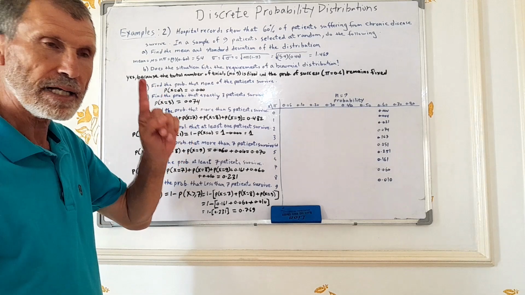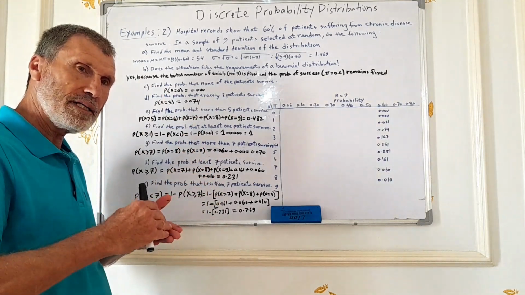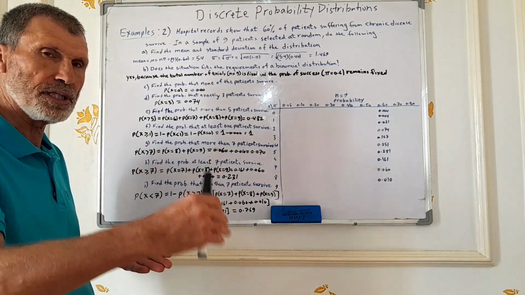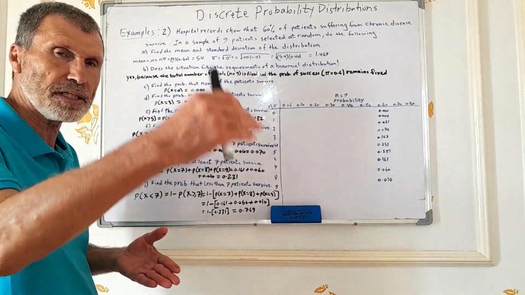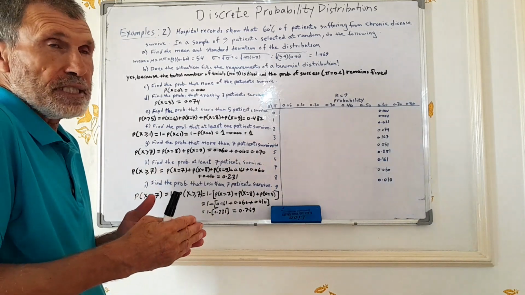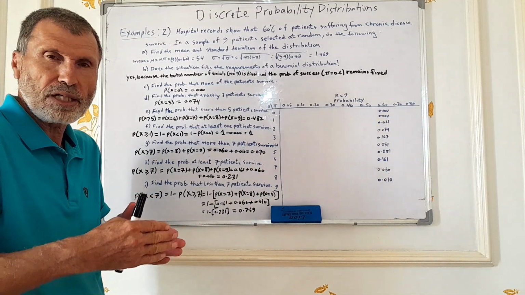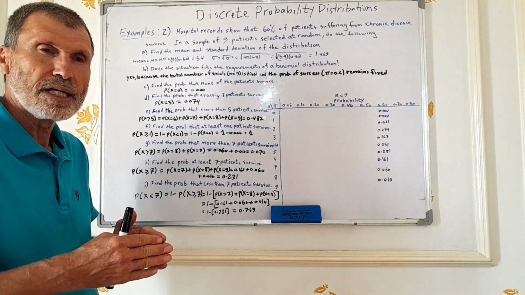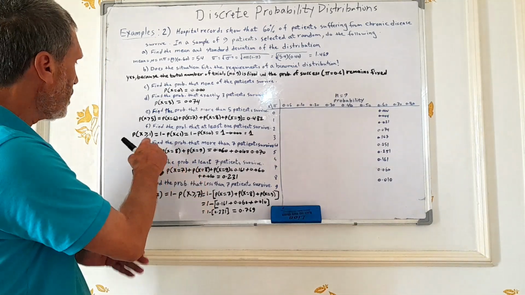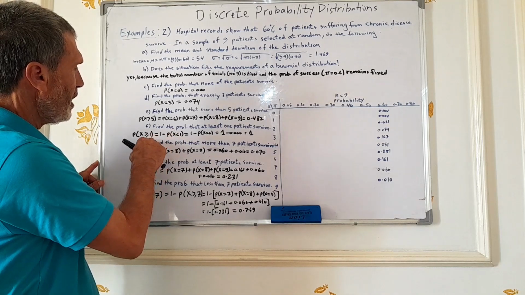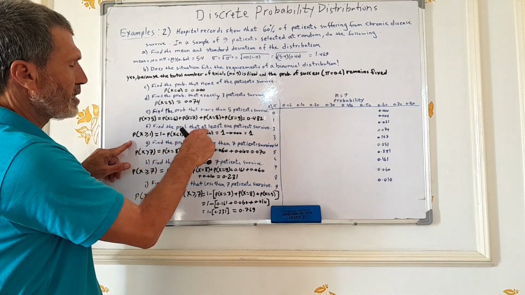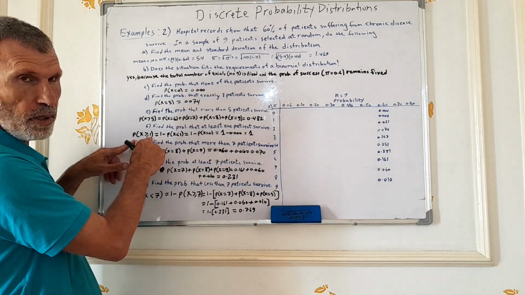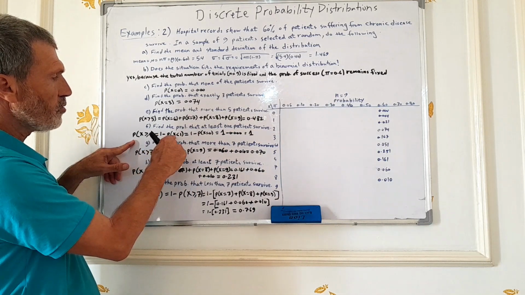Now, find the probability that at least 1 patient survives. At least means 1 and more. Probability of 1, 2, 3, 4, 5, 6, 7, 8, 9 is a lengthy calculation, so it's easier to use the complement. Probability of x greater than or equal to 1 is equal to 1 minus probability of x less than 1.